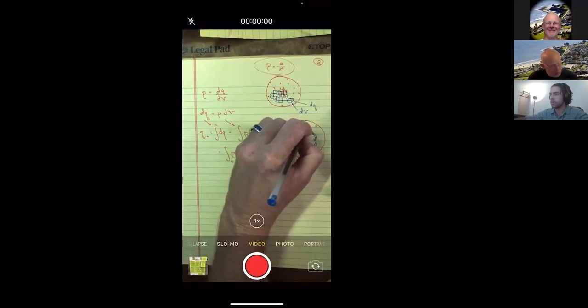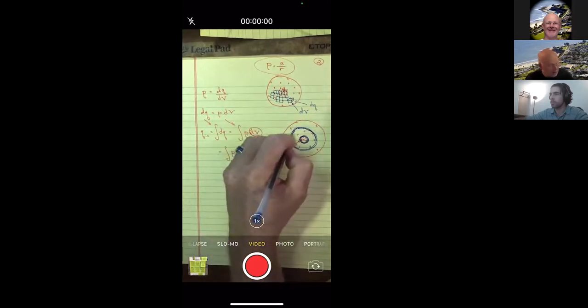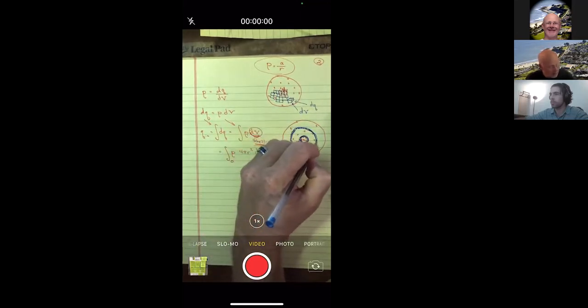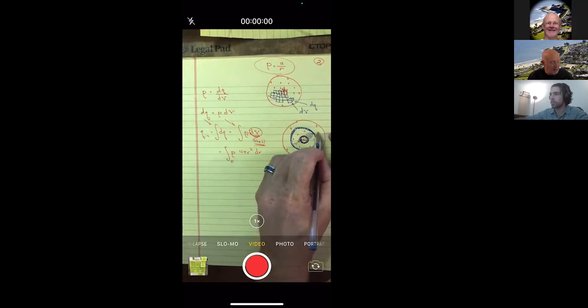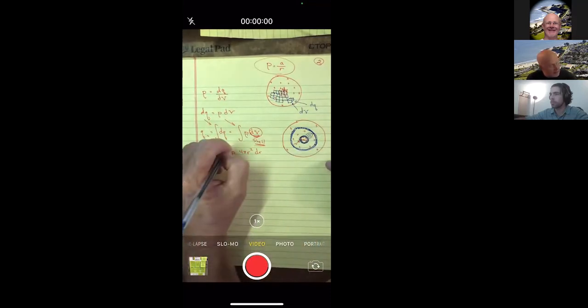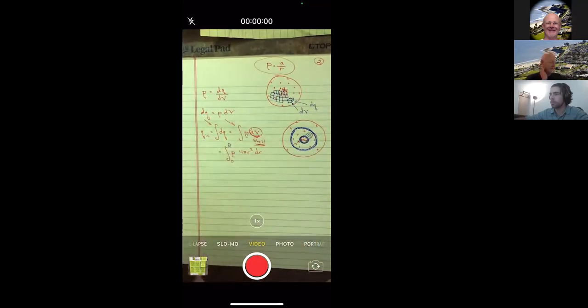I just didn't want to draw them, because if I draw them real close together, it'll make my drawing look crowded. So another one, another one, another one. The last one has a radius of capital R.